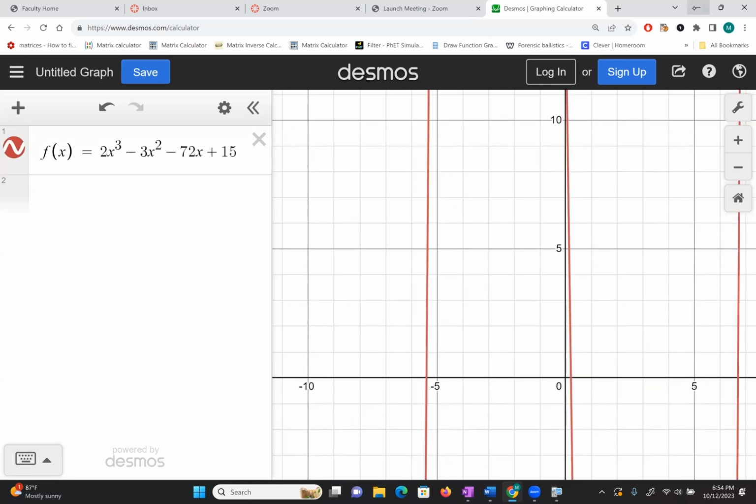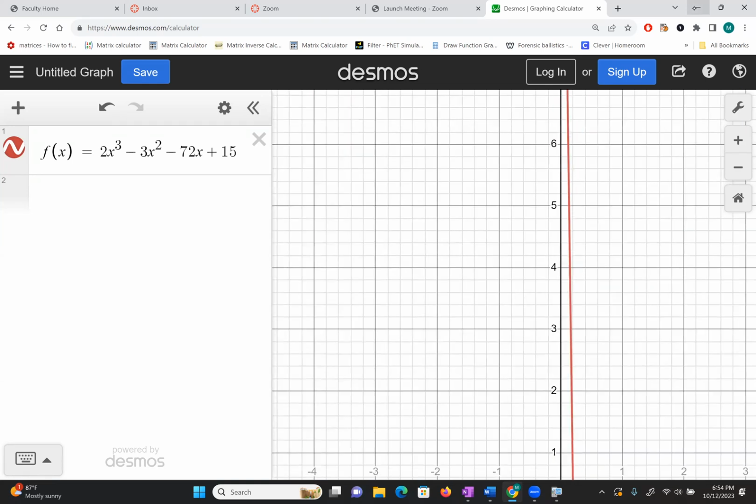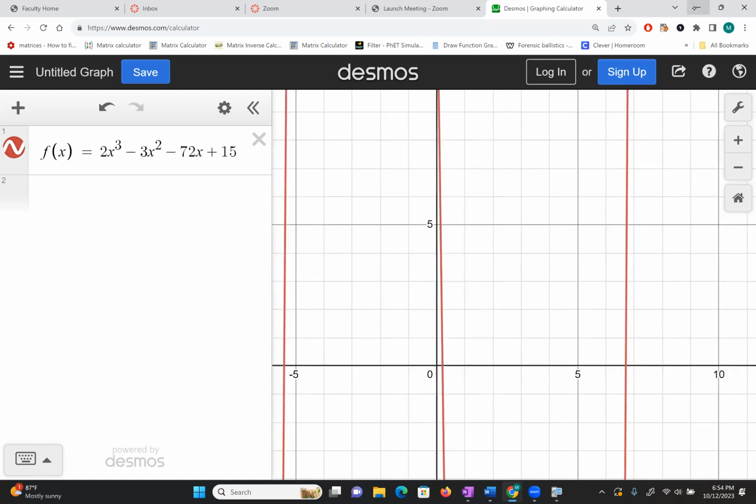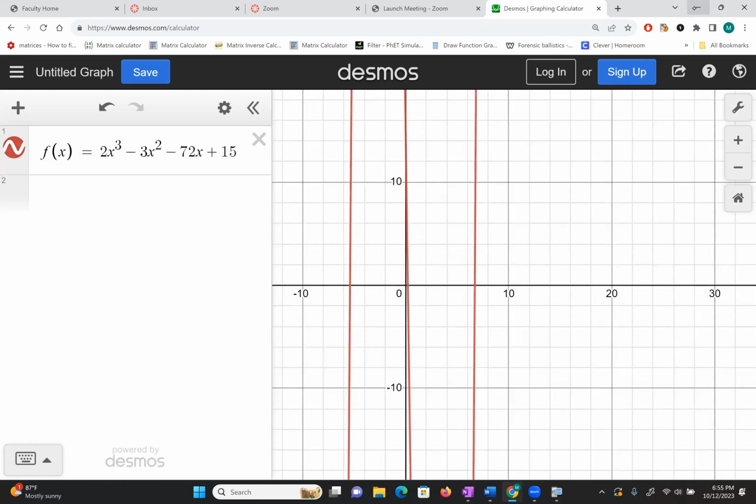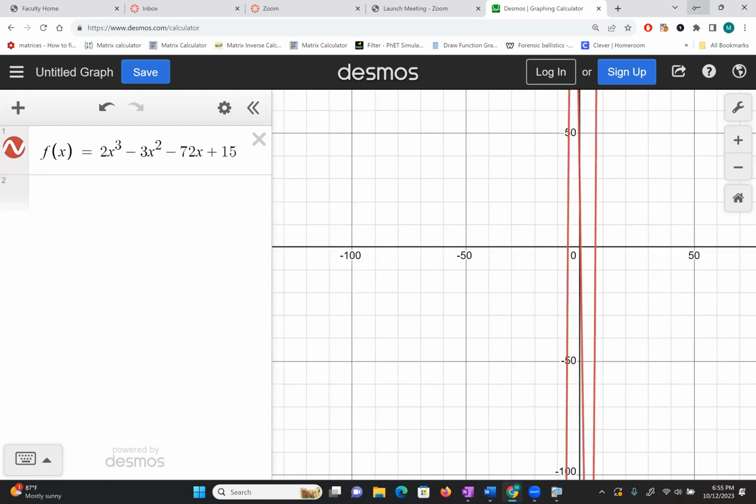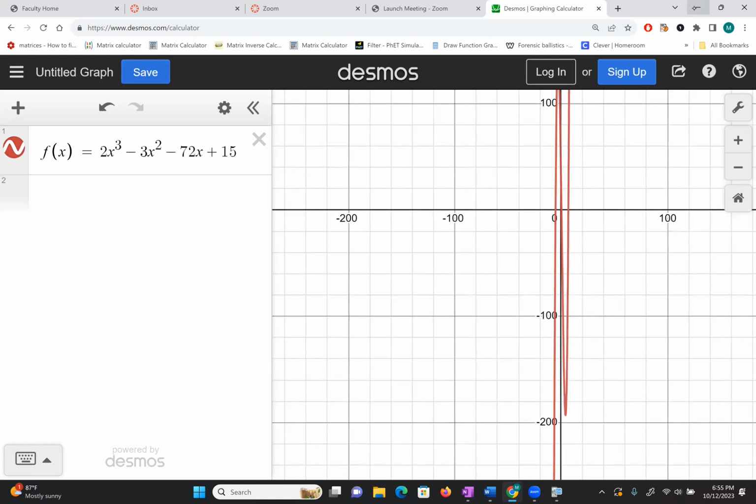And I've got to open this up a little bit, so I'm going to try a window from -5 to 5. I'll narrow this down a little bit. Bear with me. This looks huge. Make sure I have the right numbers. Yeah. Oh, it's the 72 that's killing us on the graph.